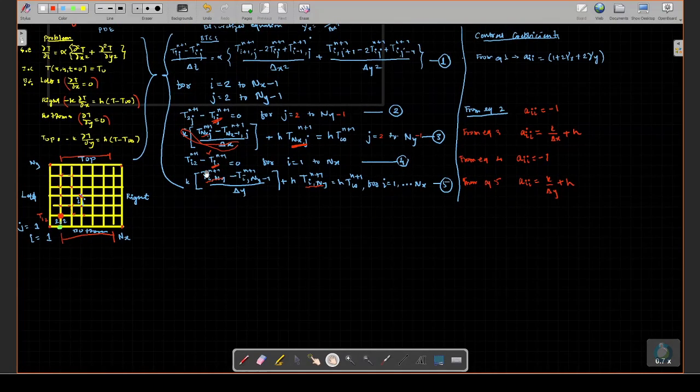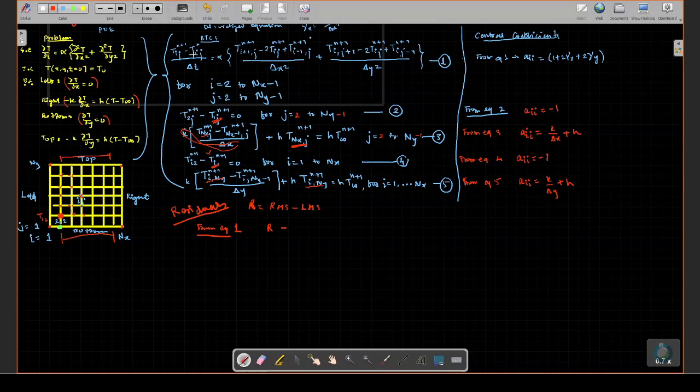For this particular first equation, the residual R is nothing but RHS, right hand side, minus left hand side. So from equation number 1, we get the residual R.